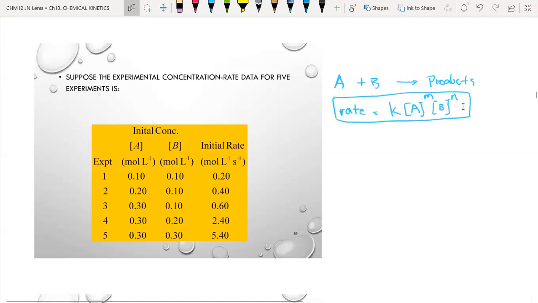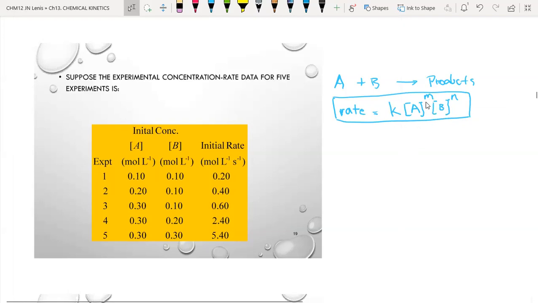So the whole rate law shows you that, especially the order of the reaction, the order of every particular reactive in the reaction gives you a lot of information.